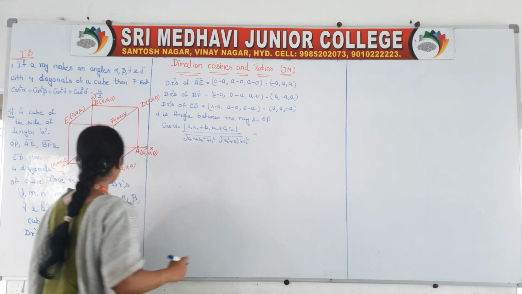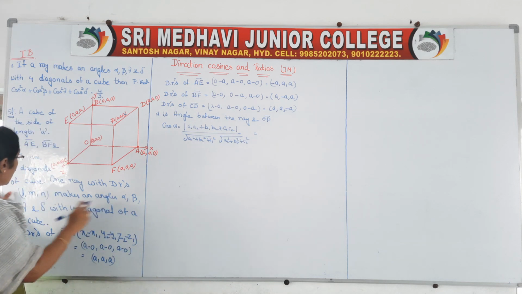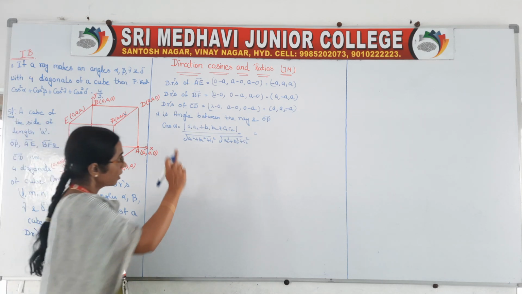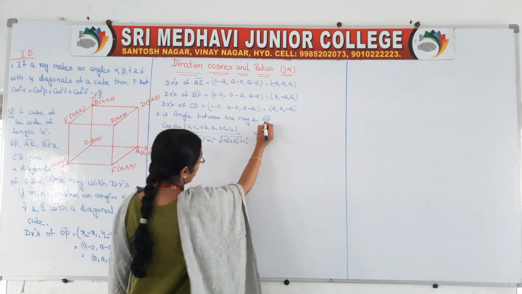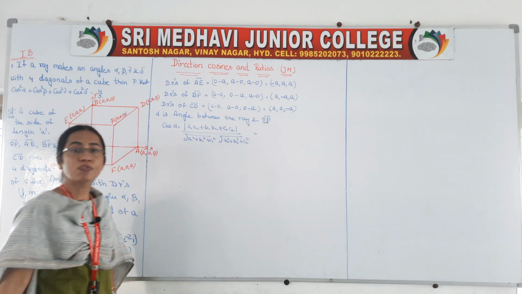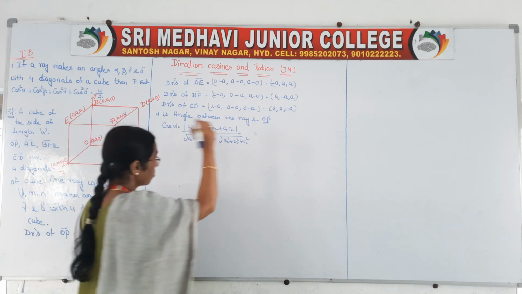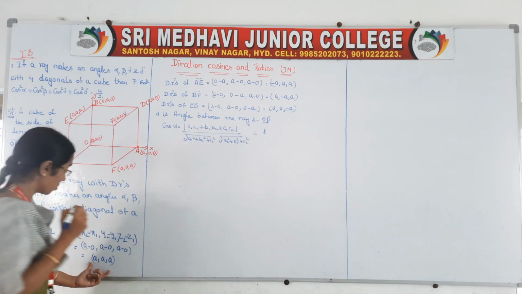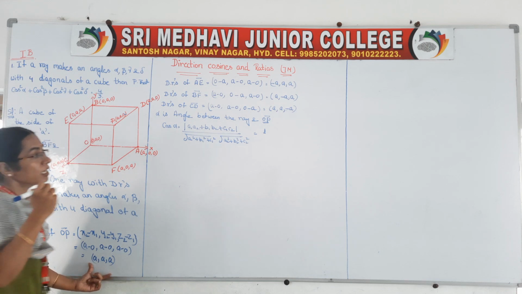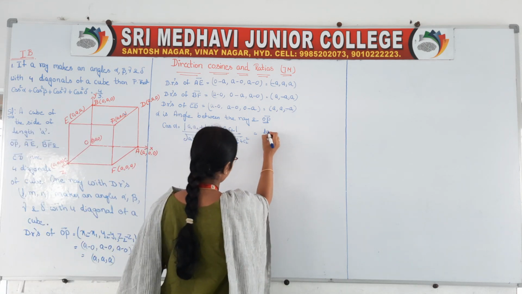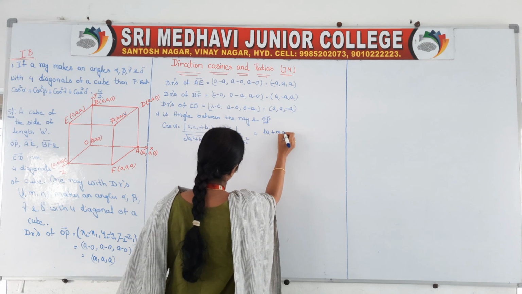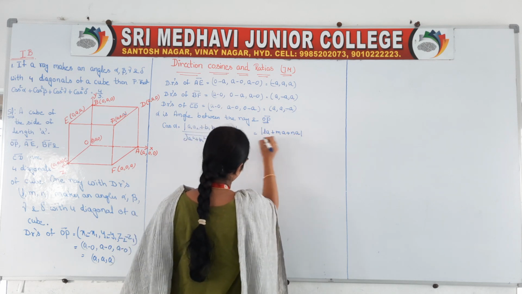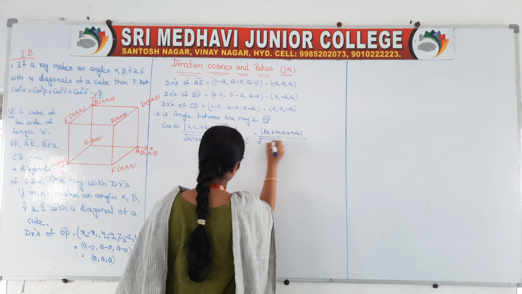What are the direction ratios of the ray? I said L, M, N are the direction ratios of the ray, and A2, B2, C2 are the direction ratios of OP bar. So it is L into A, since OP bar direction ratios are A. So L into A plus M into A plus N into A by root of, what is the value?